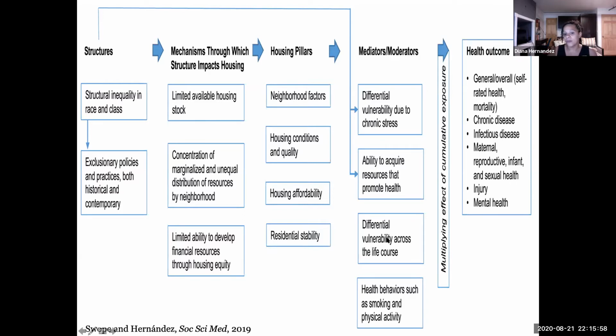Then you have differential vulnerability across the life course, meaning that even prenatally all the way through old age, if populations are even privileged enough to get to old age, there are different ways in which we interact and engage with our built environment that obviously relate to health. And then there are health behaviors such as smoking and physical activity, which are driven by what people are contending with and what's available.